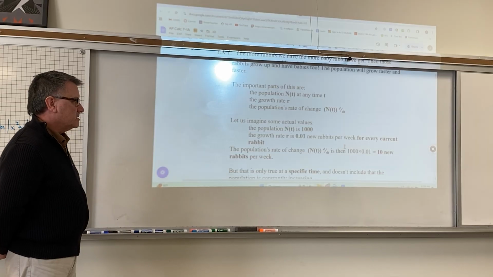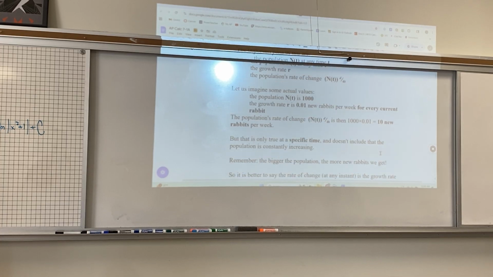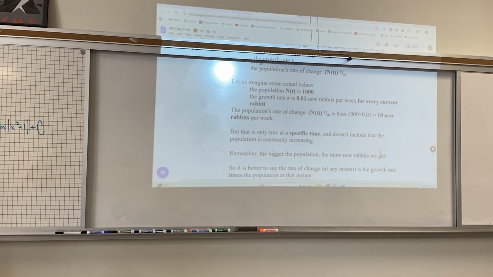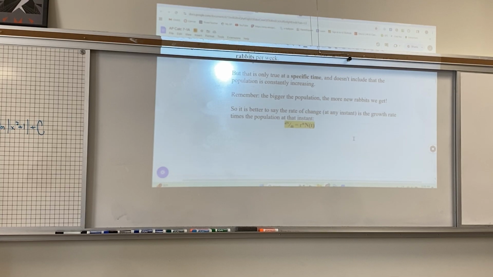But that's only true at a specific point in time, because now your rate is going to change based on the amount of new rabbits. The population's constantly increasing, so it's not 10 rabbits every week. The bigger the population, the more rabbits we get. So it's better to say the rate of change at any instant is the growth rate times the population at that point in time.